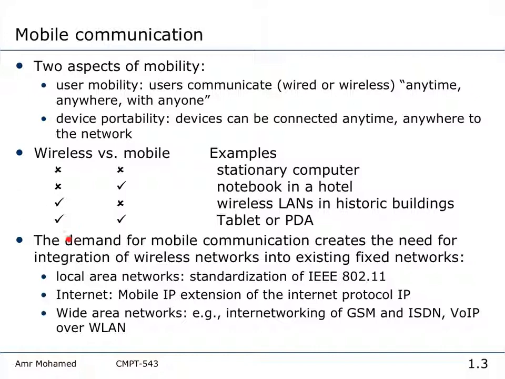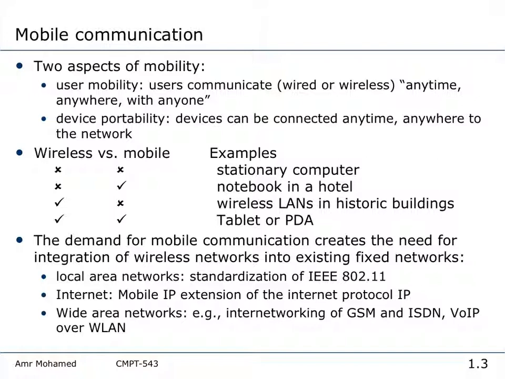So the demand for wireless communication creates the need for integration of wireless networks into existing fixed networks as well as mobile networks. So we have many wireless technologies and wireless standards.